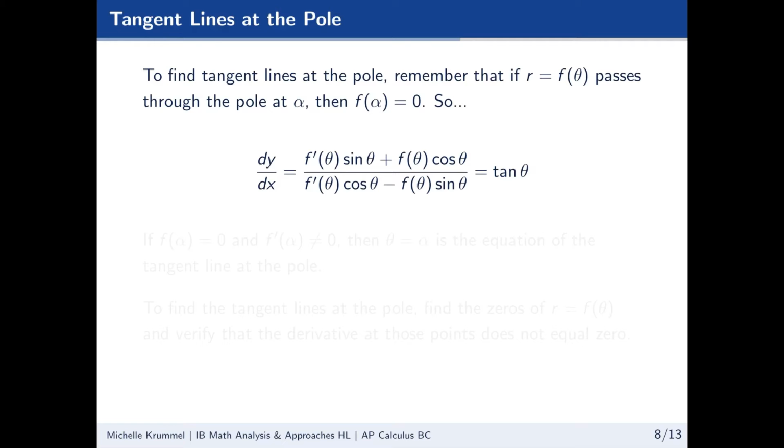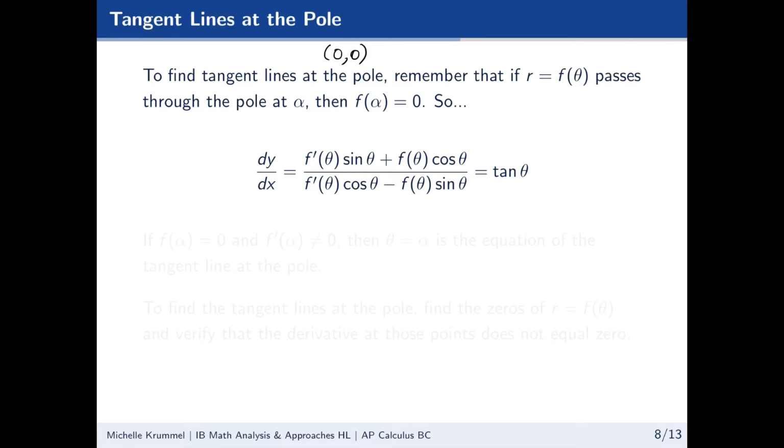Now let's take a look at tangent lines at the pole. When we refer to a tangent line at the pole, we're saying that the point of tangency is the pole. And if you remember, the pole has coordinates 0, 0. In the Cartesian coordinate system, the origin has coordinates 0, 0, x, y. But in the polar system, it also has coordinates 0, 0.